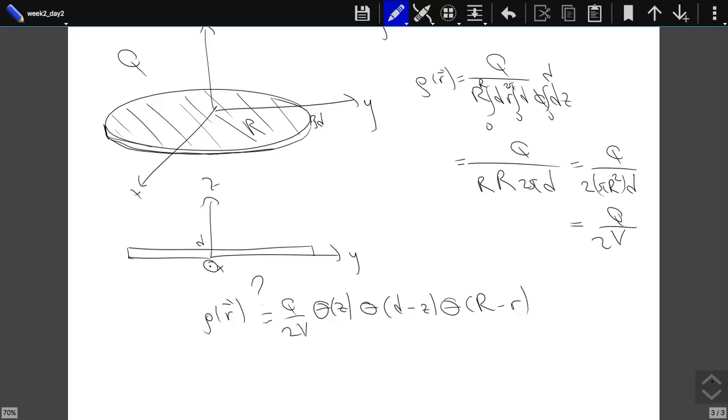We consider this very thin ring. Still it has 0 volume. Since it has 0 volume, its charge density on this ring should diverge, and it should be 0 everywhere else. So that's again the Dirac delta. But here we have this disk.